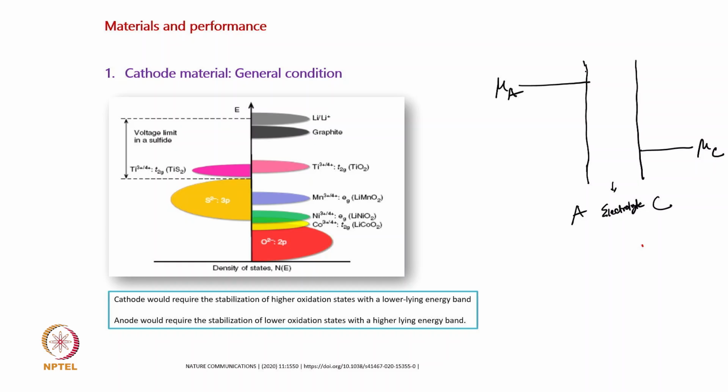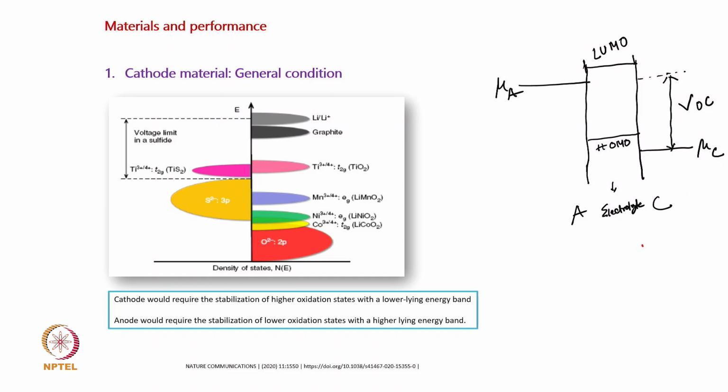So, electrolyte has the lowest unoccupied molecular orbital that we had discussed before, and the highest occupied molecular orbital. And then if we come to this point, this is actually the maximum voltage that you can generate. There is also the open circuit voltage.